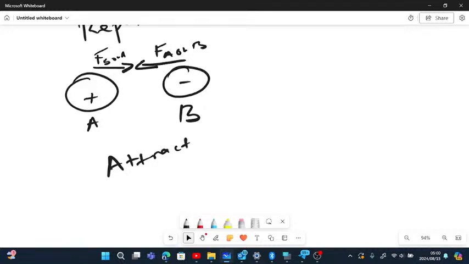And if we look at these diagrams that we've been doing for A and B, we can see that the objects exert equal forces on each other. This is actually Newton's third law. Remember the four forces I said?